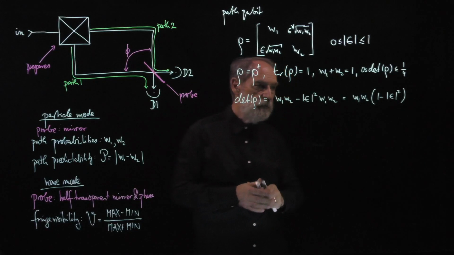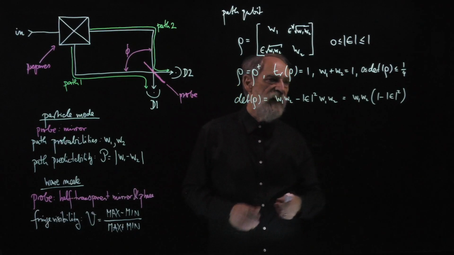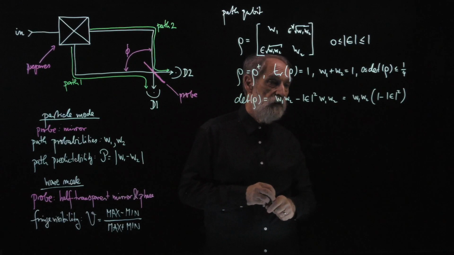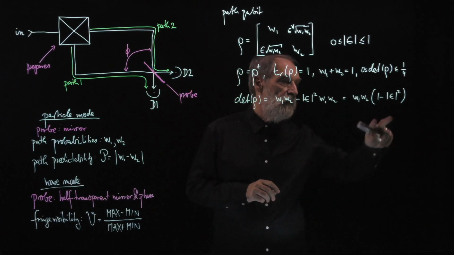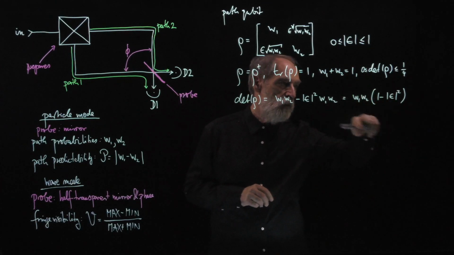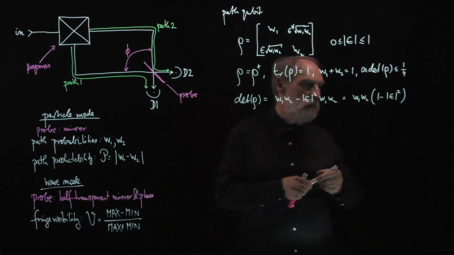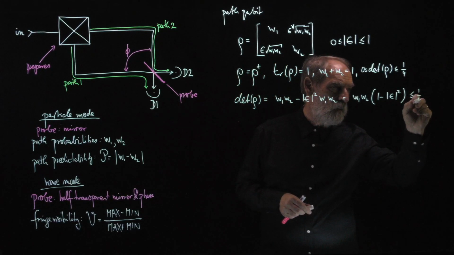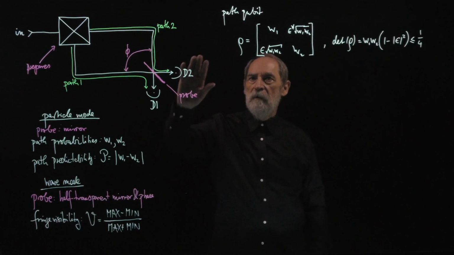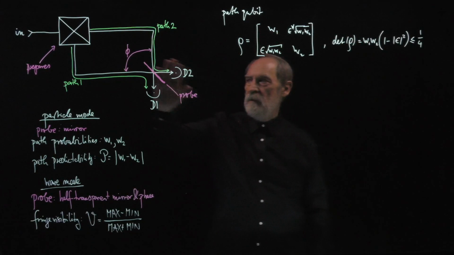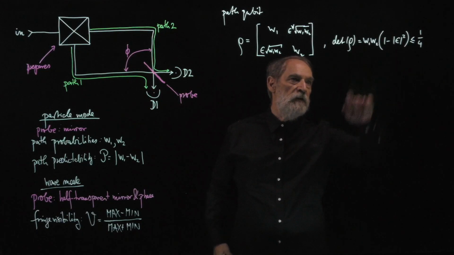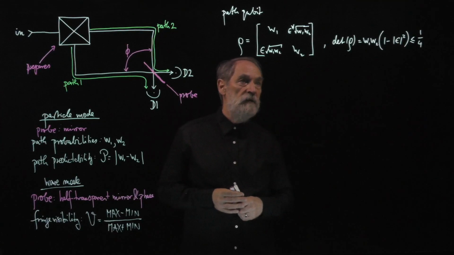And so, since W1 and W2 add up to 1, the product of these positive numbers cannot be more than a quarter. And since epsilon is between 0 and 1, this whole expression will not be more than a quarter. So that's correct. So we have this matrix for the particle as it is prepared at the preparation stage, with this restriction on the determinant.